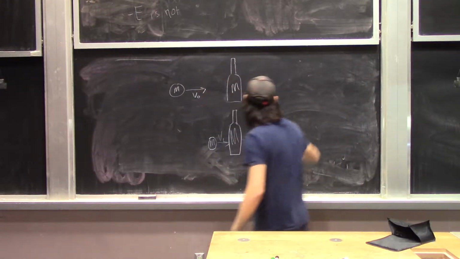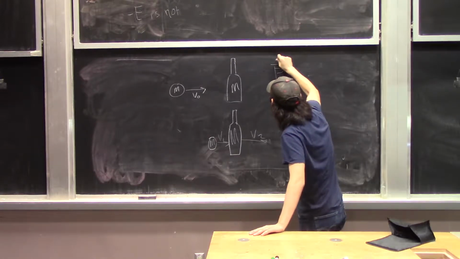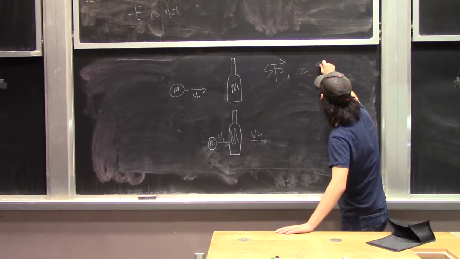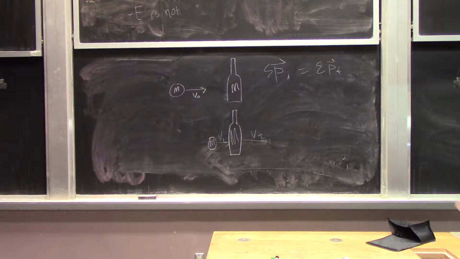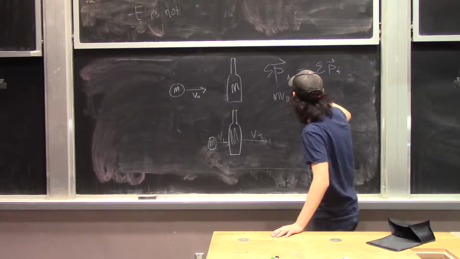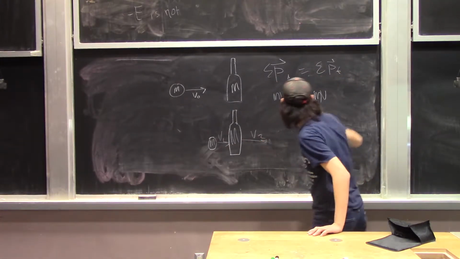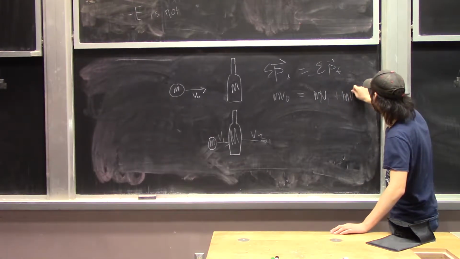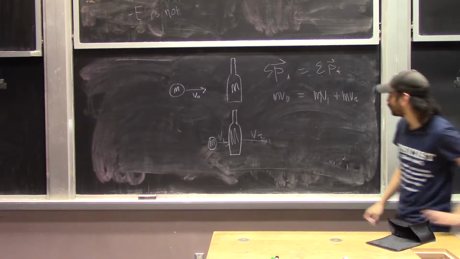What that says is that the sum of P initial is equal to the sum of P final. My momentum in the initial state is going to be m v0, and this is going to be equal to m v1 plus M v2. We can also say that because it's an elastic collision, energy is conserved.